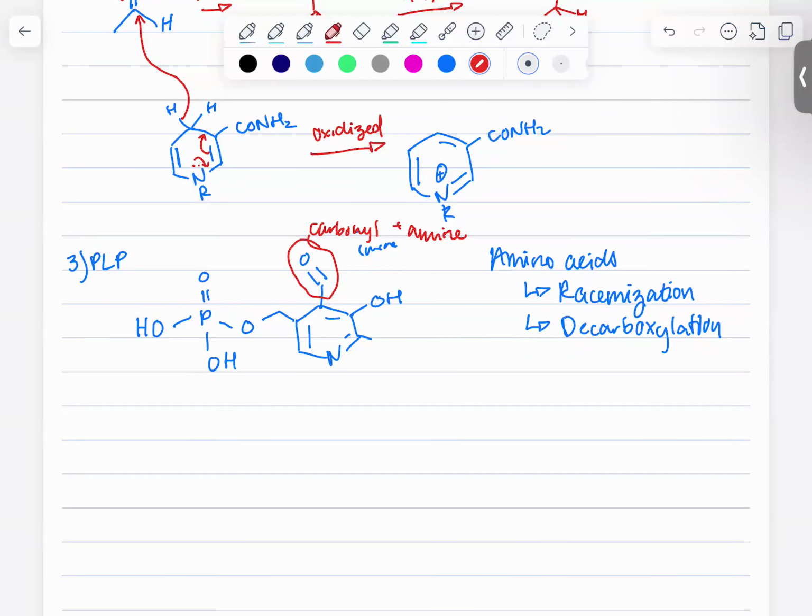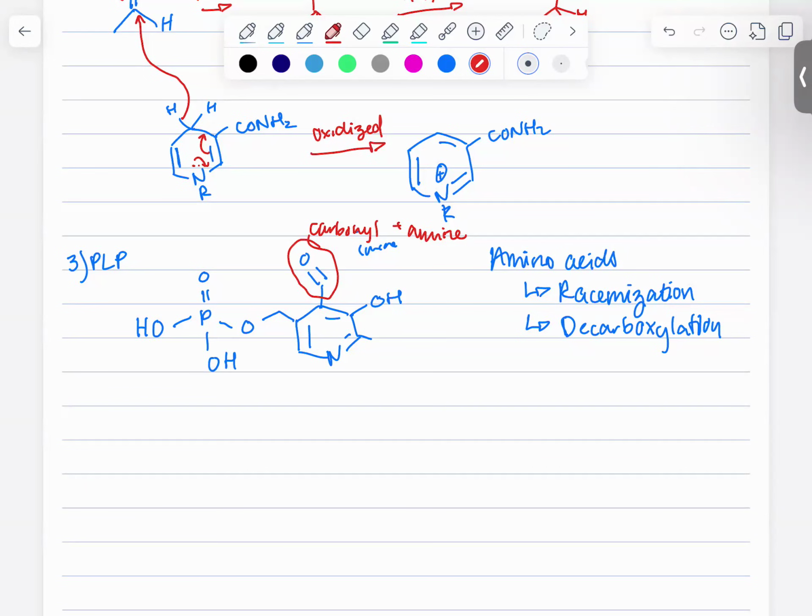So what we often see with PLP, and I think this is maybe what got people tripped up with the questions on PLP on homework 8, question 2, is that PLP always comes bound to the enzyme. PLP is not often seen loose like this.